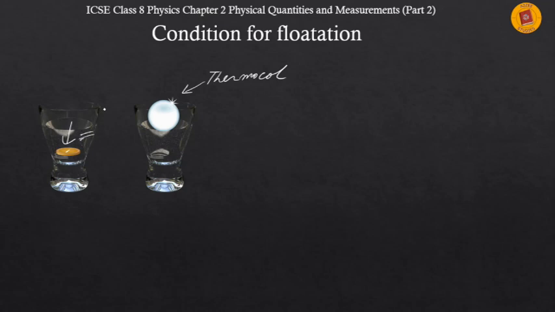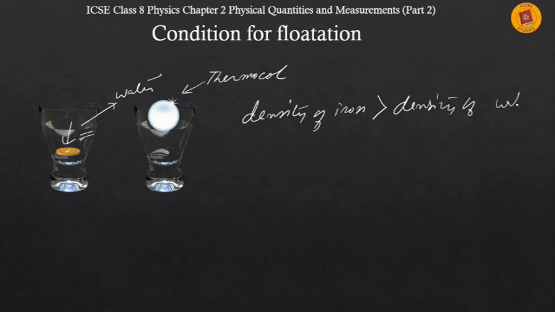For example, if the fluid is water, then the density of iron or steel, whatever material the coin is made with, is greater than the density of water.